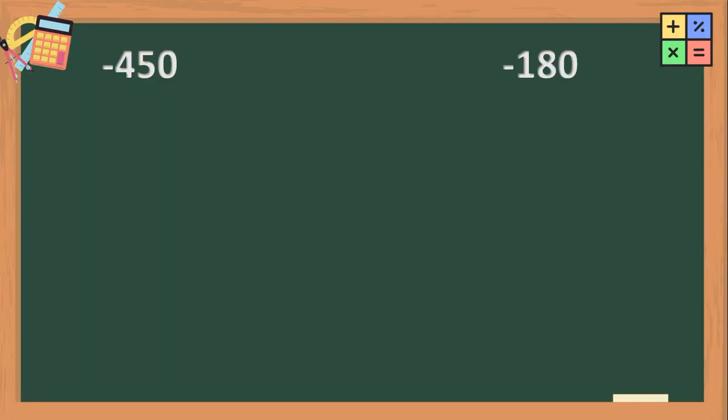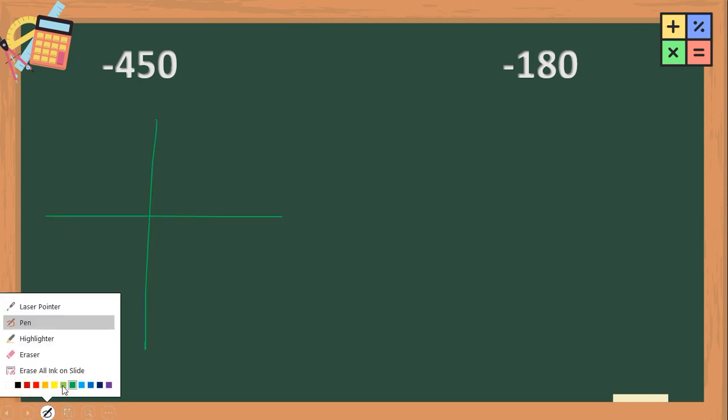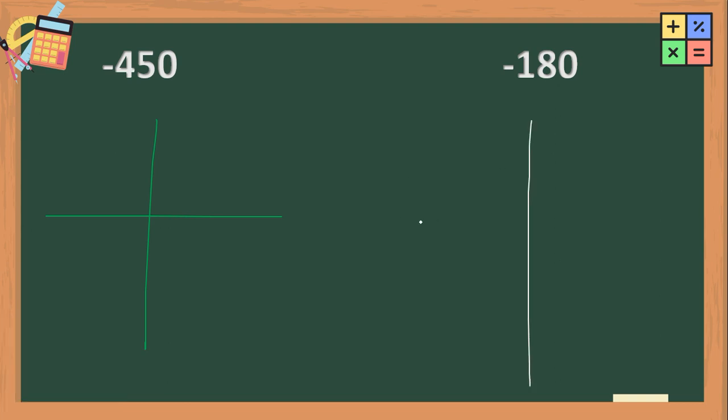How about in quadrantal? So tignan nyo tong negative 450. Anong quadrant si 450? Sige nga, kung may natutunan kayo noong grade 10 ninyo. Naniniwala ba kayo na ang location lang ng ating rectangular coordinate system is nasa quadrant 1 to 4 lang?